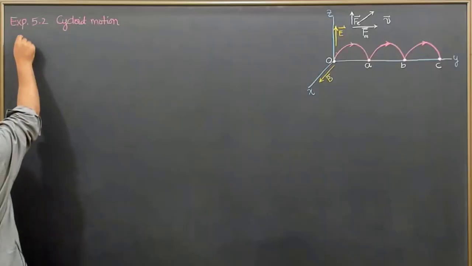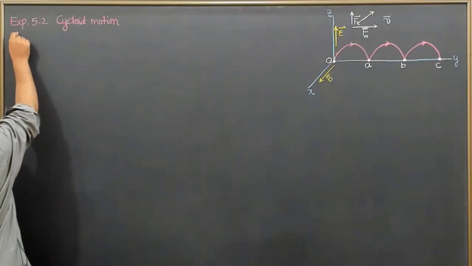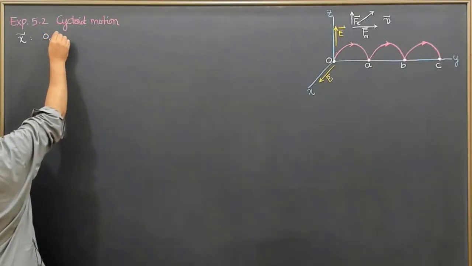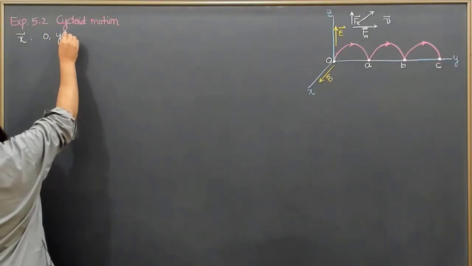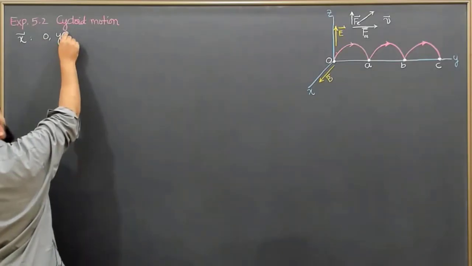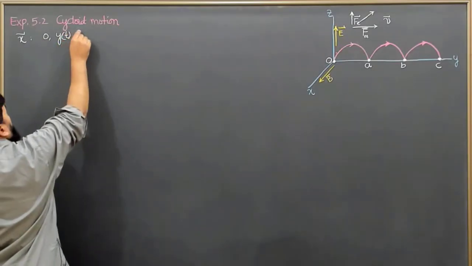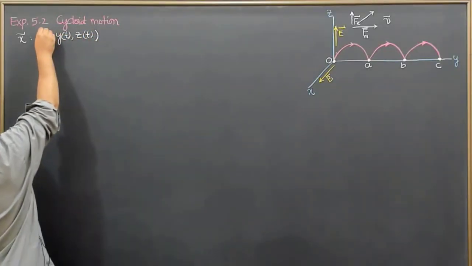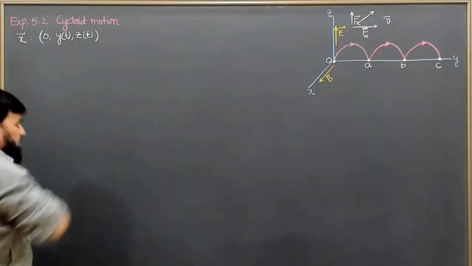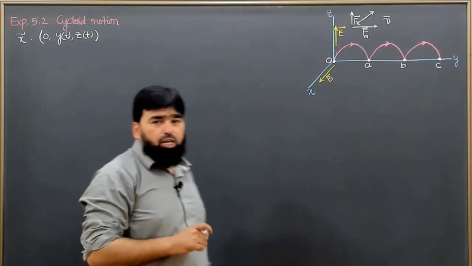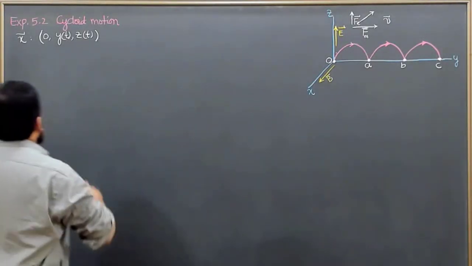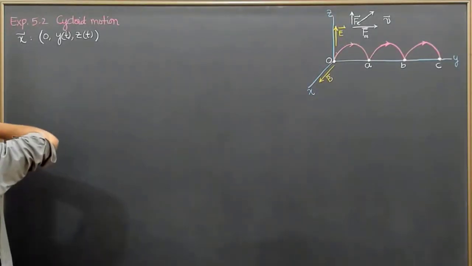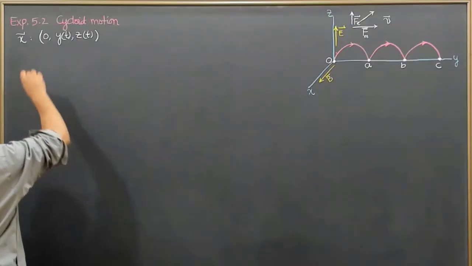So we have the position 0 along x, and then y of t and z of t, the time-dependent displacements y and z. This is for position; you can write r if you want.